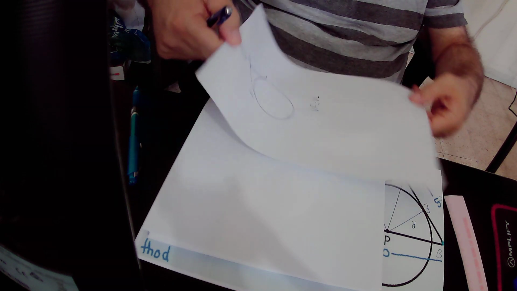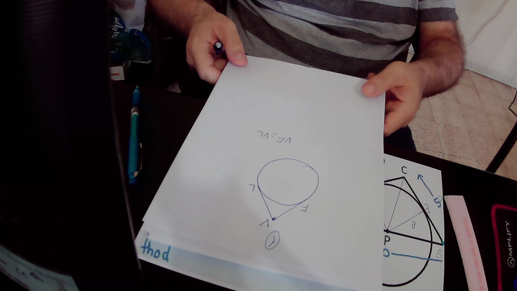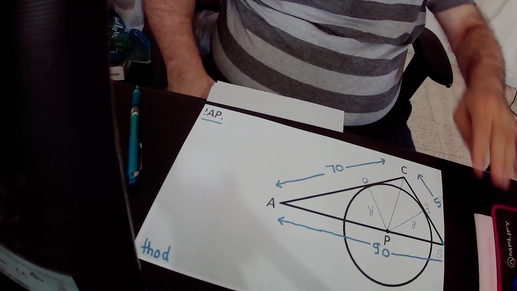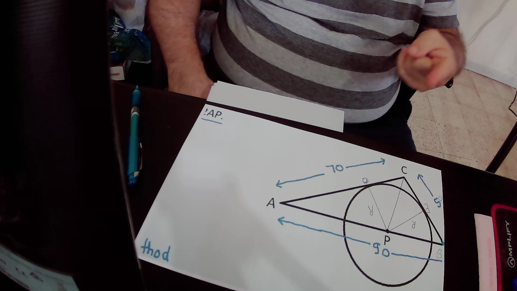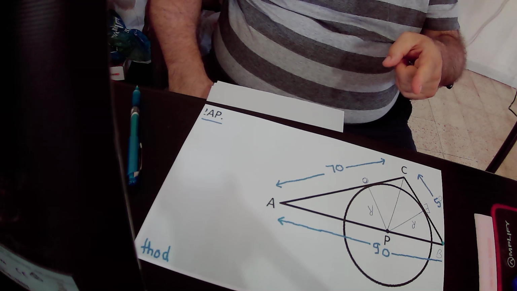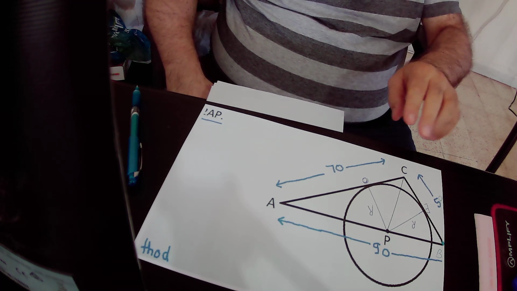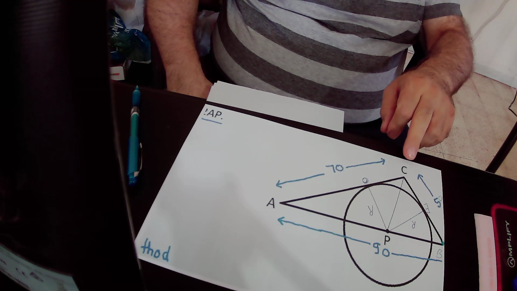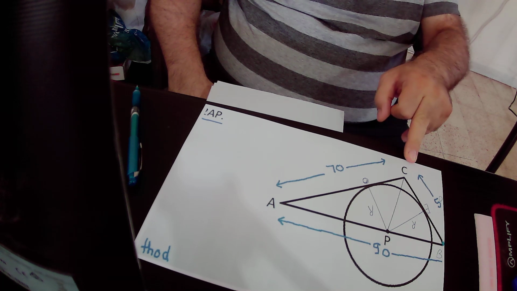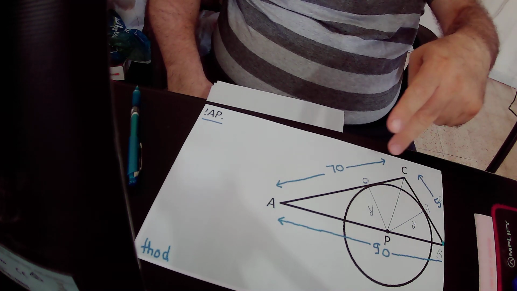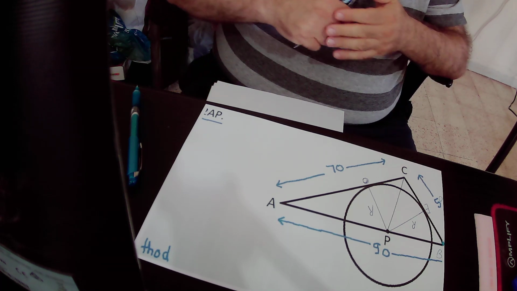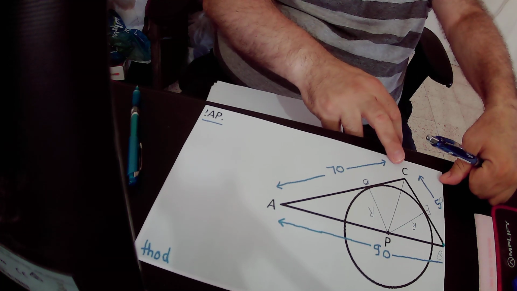Okay? And for that reason, we can apply the rule in our circle, because we have point C that is an external point of the circle. It is not inside the circle nor on the circle, so it is an external point, and from that point we have two tangents to the circle.